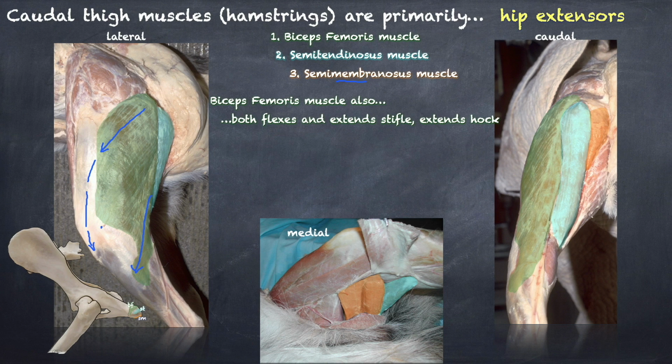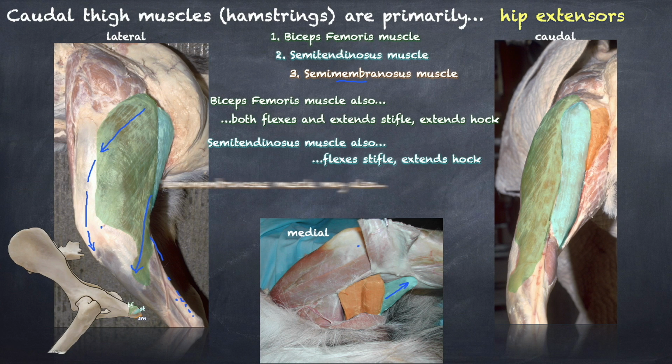Also, because it has part of that common calcaneal tendon, it's going to extend the hock. Okay, semitendinosus muscle. It also is crossing caudal to the point of rotation of the stifle, so flexes the stifle as well as extends the hock. Okay, so those two have components in our common calcaneal tendon.